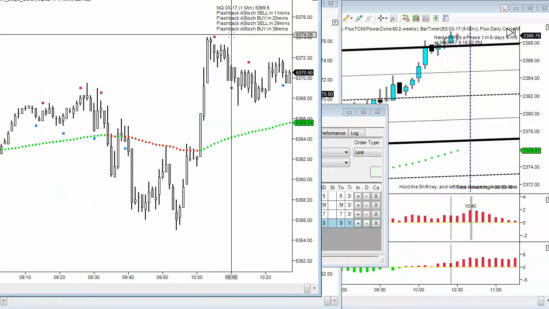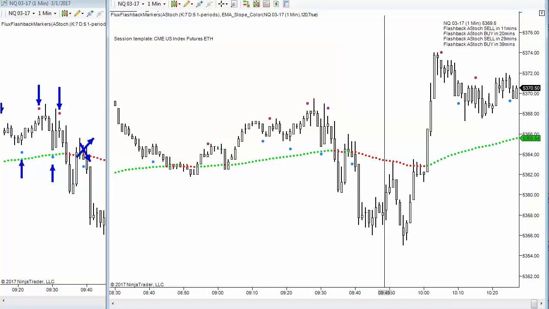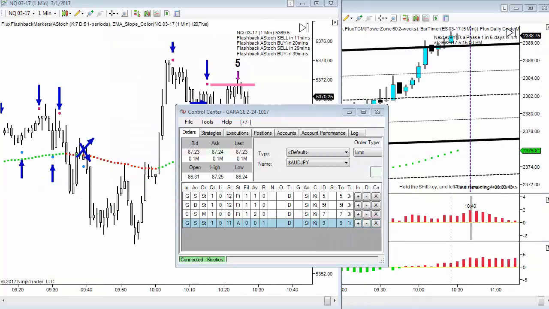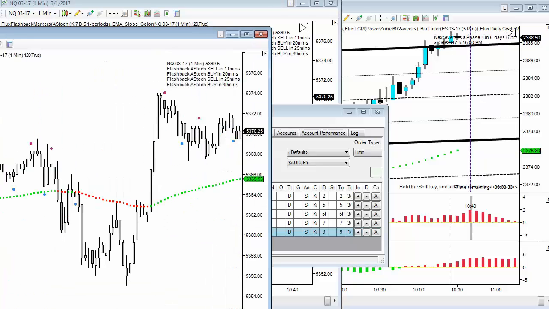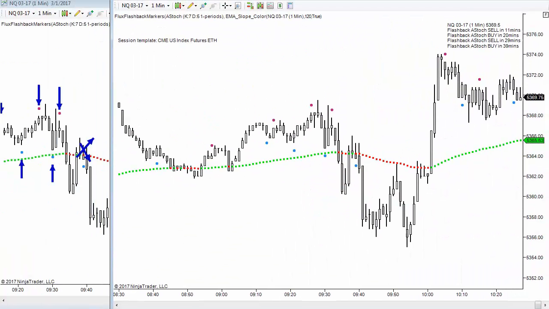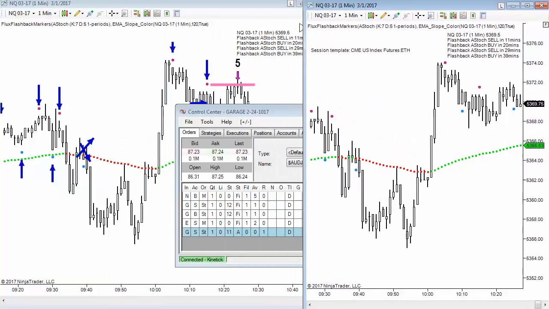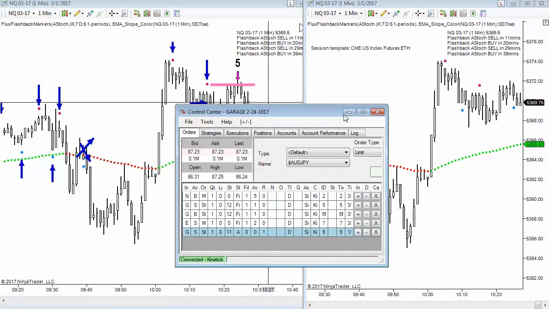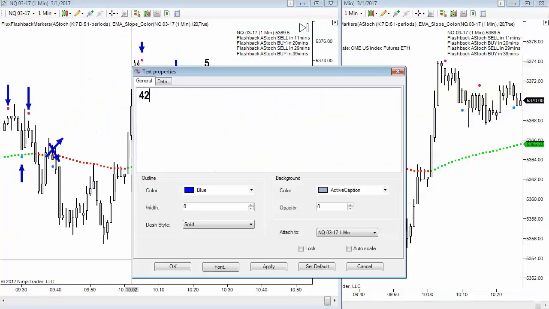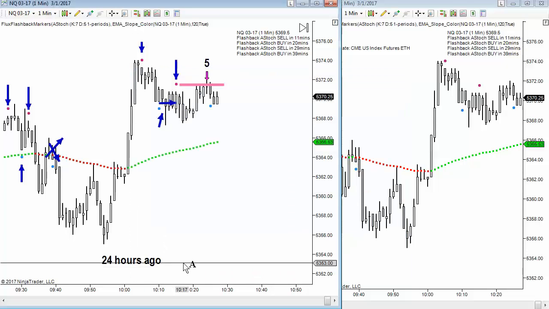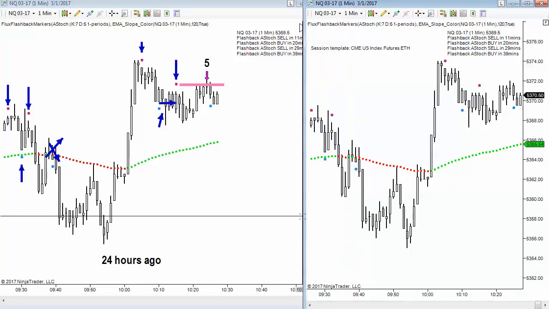Okay, so these two charts are identical now in terms of where the data is coming from. Okay, the chart on the left is based off of the last 24 hours. This one is going to be slightly different.